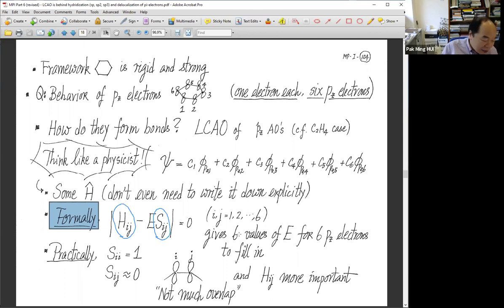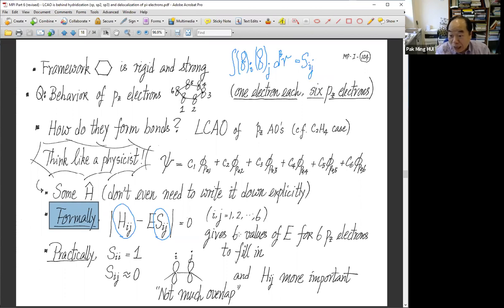I know that Sij means the following. It means this pi on the ith site and this Pz on the jth site, and then integrate over everywhere. You understand that? This is Sij. Now that is very dirty but very beautiful.